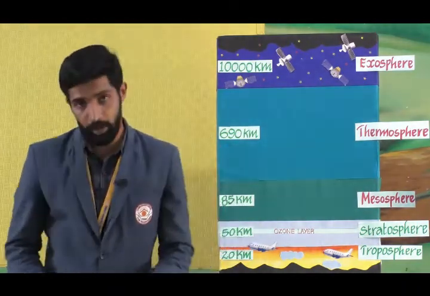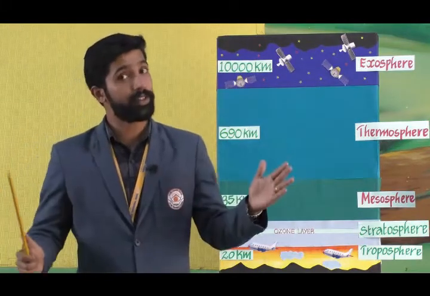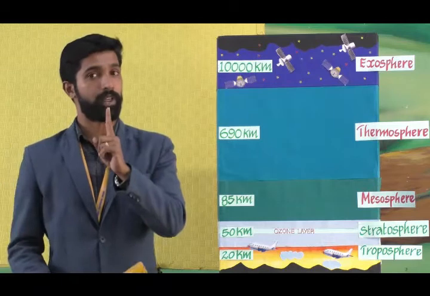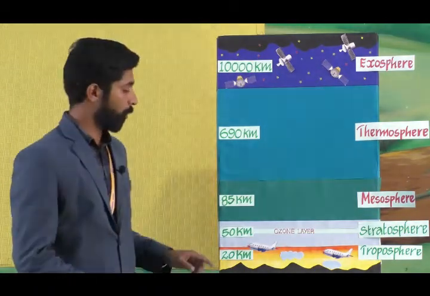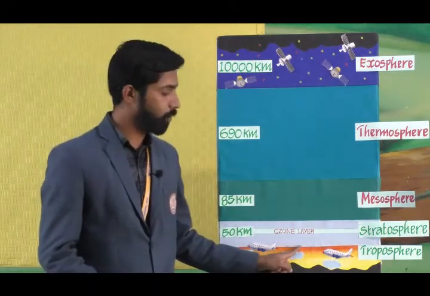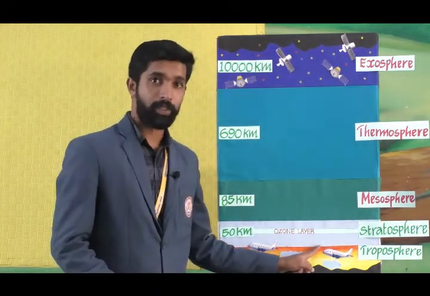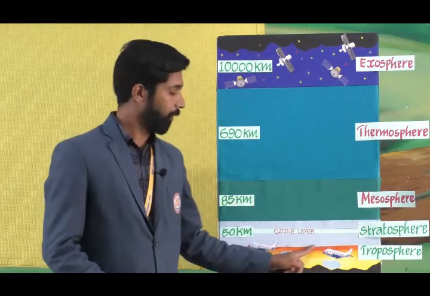The tropopause is the narrow boundary that separates the stratosphere from the troposphere. You can see here, this is the tropopause.